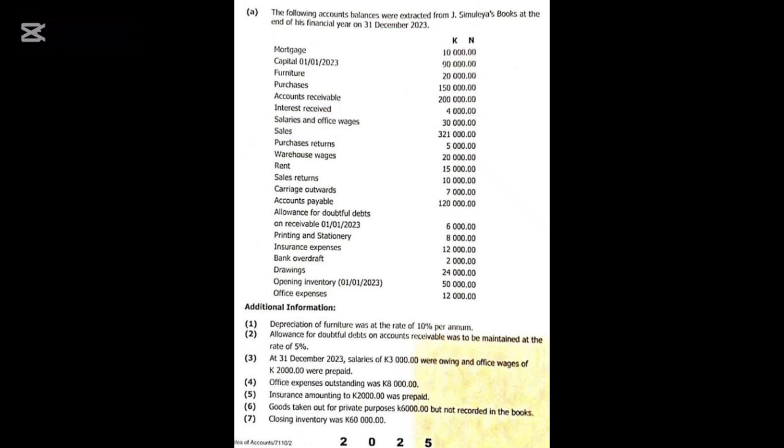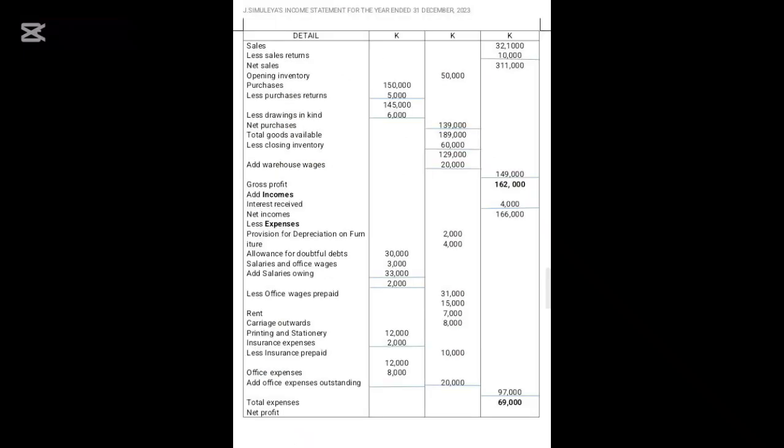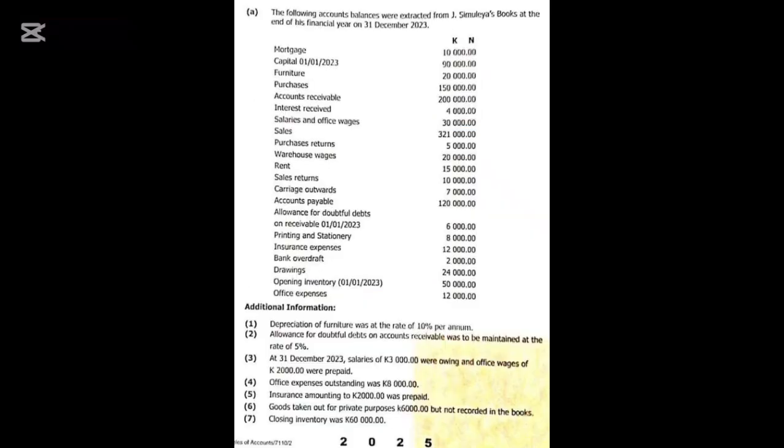Then we have rent, which is 15,000. We have carriage outward, 7,000. We have printing and stationery, 8,000. We have insurance expenses, so there is an adjustment for this one, so you write it in the first column, 12,000. Then under the adjustments, we have insurance amounting to 2,000 which is prepaid.